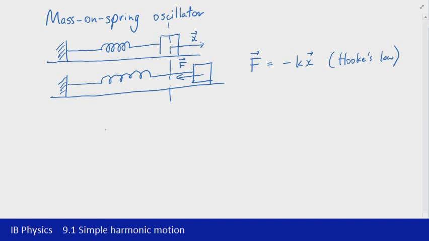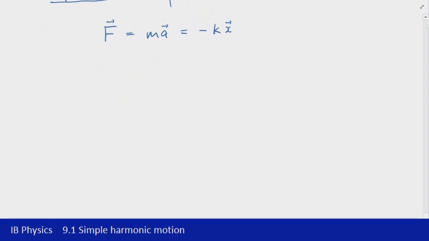Again though, going back to Newton's second law, we've got the force is equal to mass times acceleration, and we've also got that force is equal to the negative of the spring constant multiplied by the displacement, where these are all vector quantities. If we take that a step further then, we've got the acceleration is equal to negative k over m, so we're literally just dividing everything by m here.